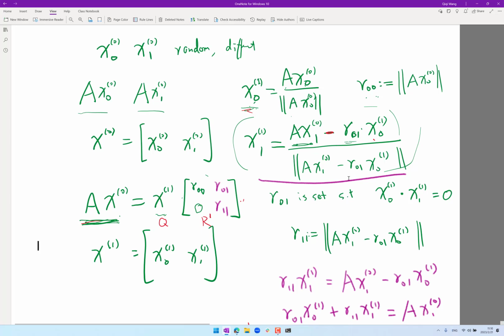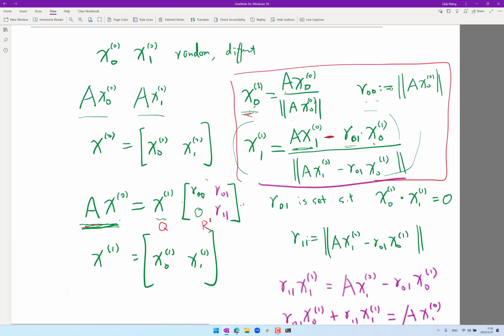We have also seen that these three equations are equivalent to constructing a 2x2 upper triangular matrix with 3 elements.